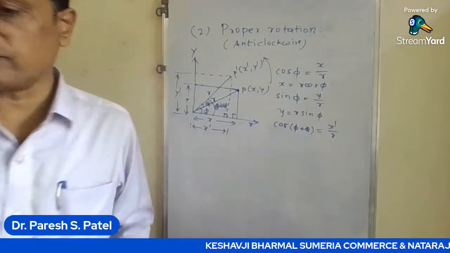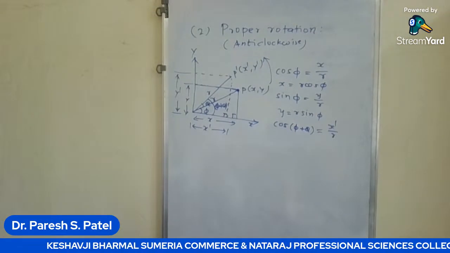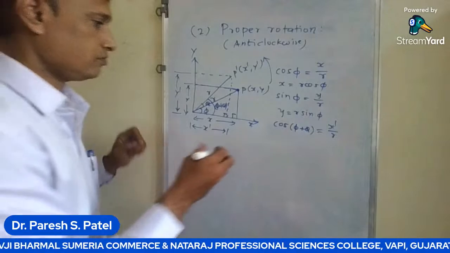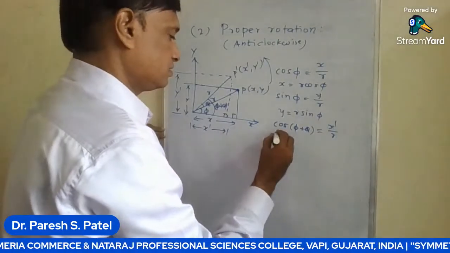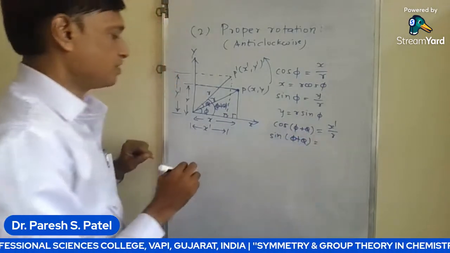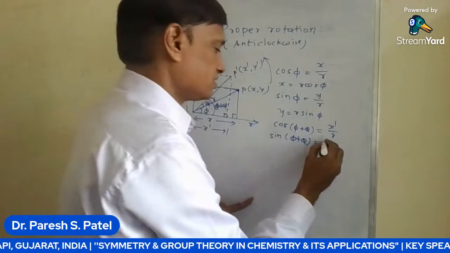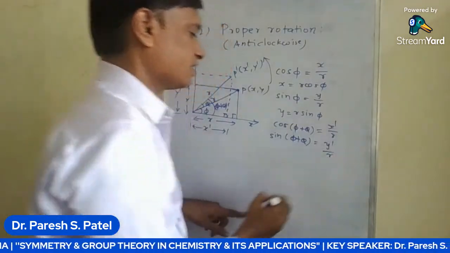Similarly, sin of phi plus theta is equal to front side divided by hypotenuse, y dash by r.